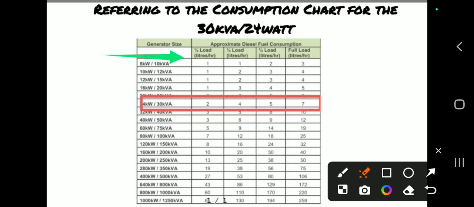So now from here, we can see that 43.75% falls within the half loading and the 1/4 loading. So we can use the 50% loading as a standard for our calculation, using 4 liters of diesel consumption.